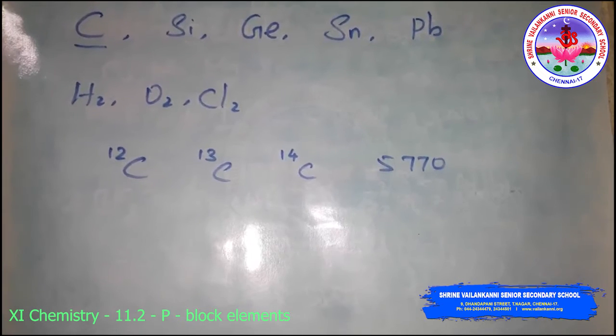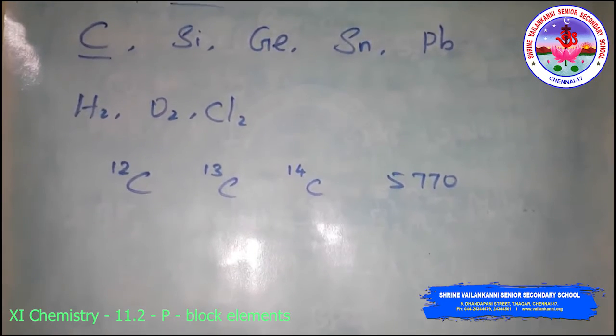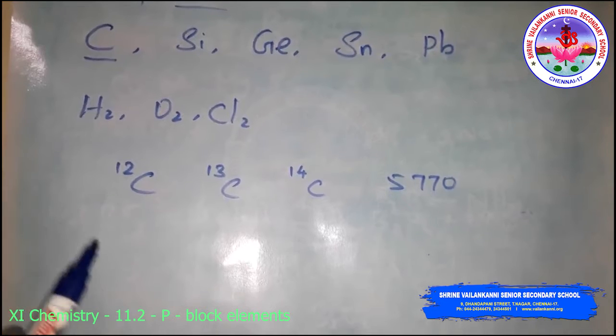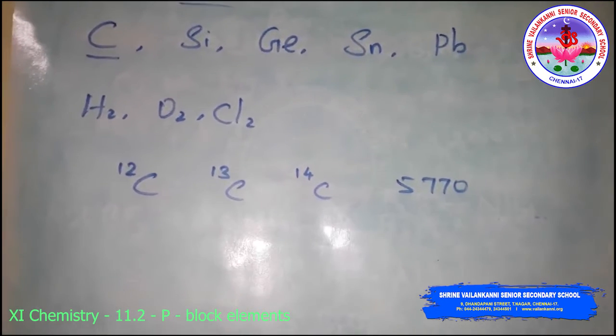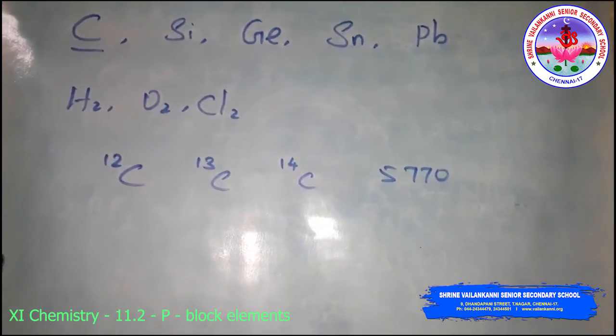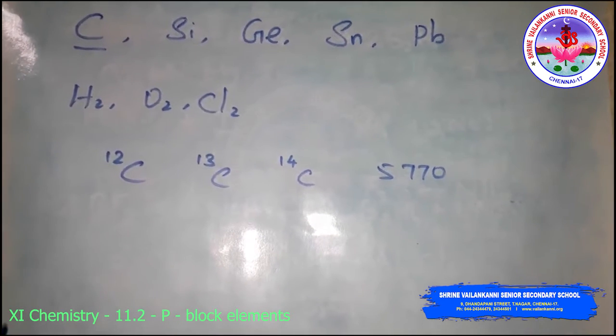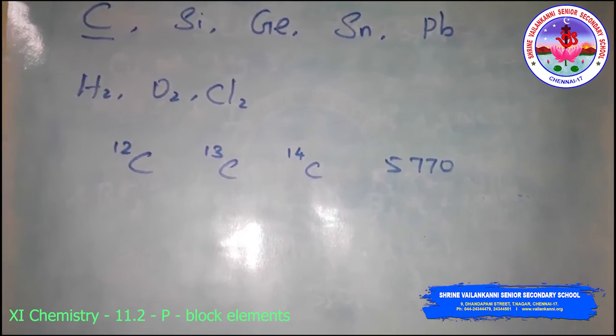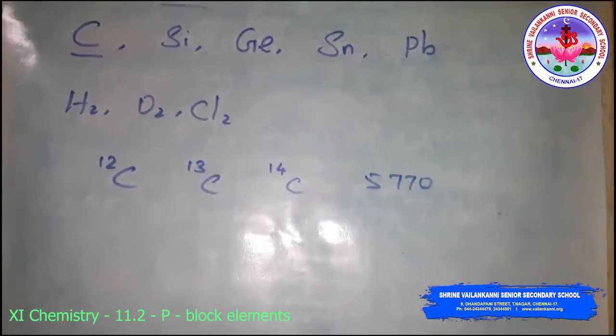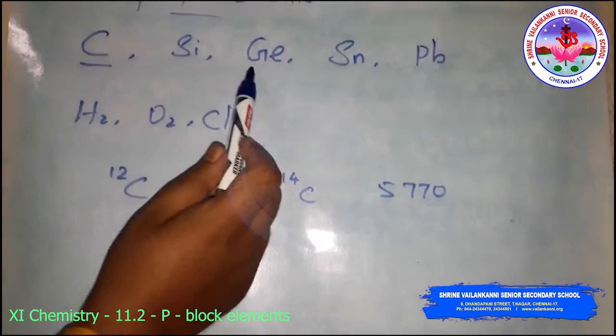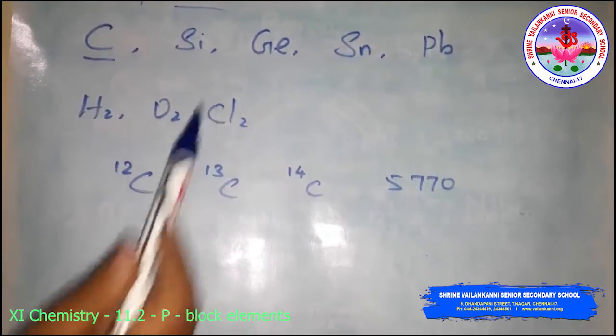Then next is silicon. Silicon is the second most abundant element in the earth's crust and is present in nature in the form of silica and silicates. Then next is germanium. Germanium exists only in traces.